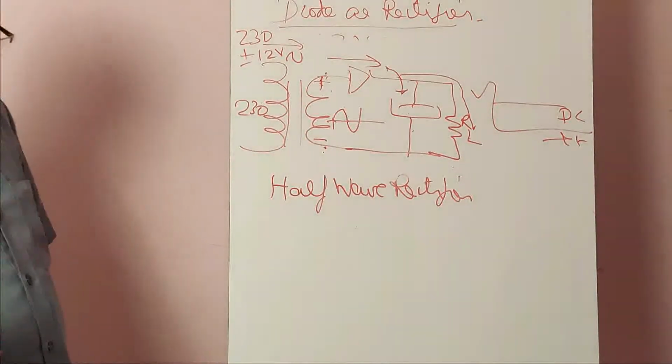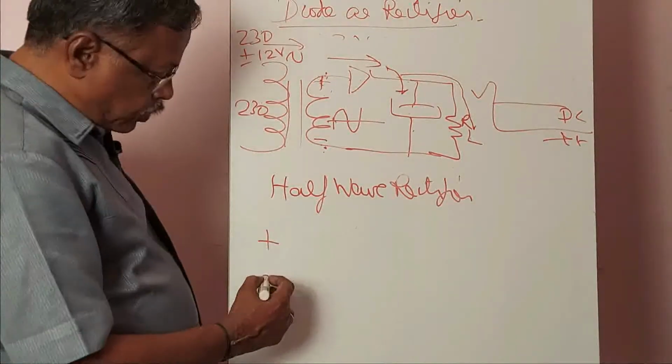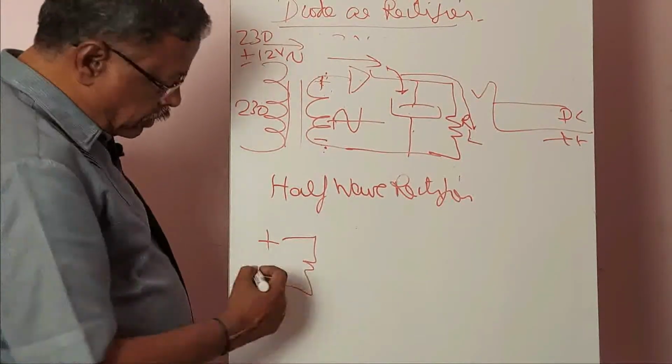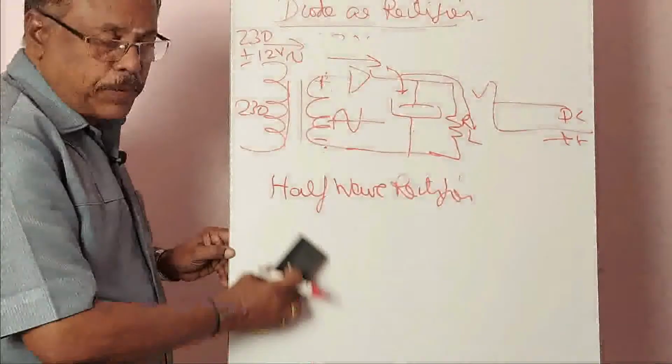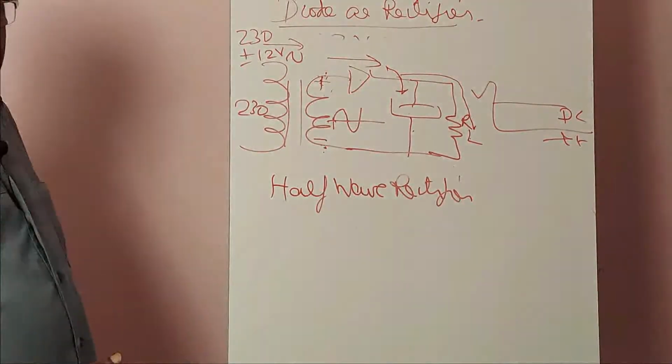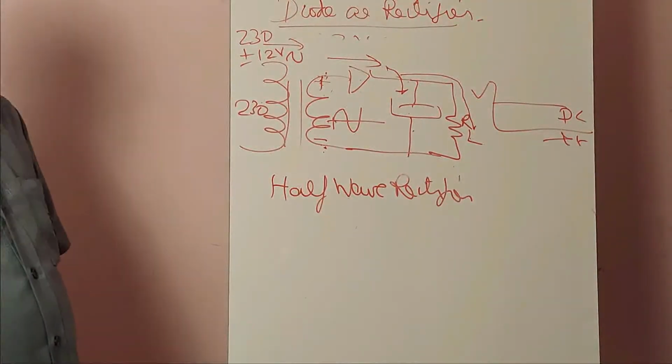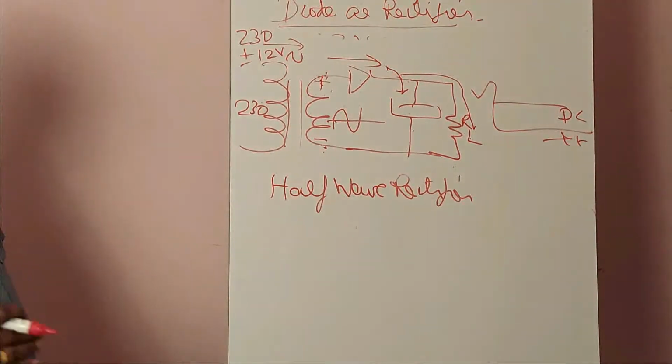Always we have to understand that wherever there is a current, it has to start from one place and come back to the other terminal only. The current has to be in a loop path only. It cannot just be left as it is. It has to pass through a load and come back to the negative terminal.